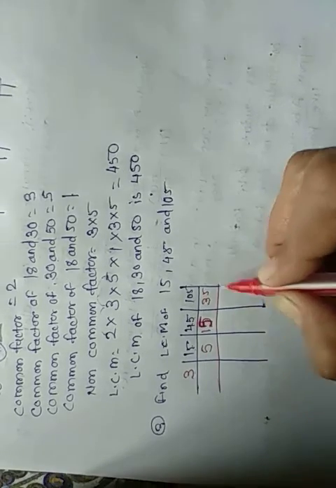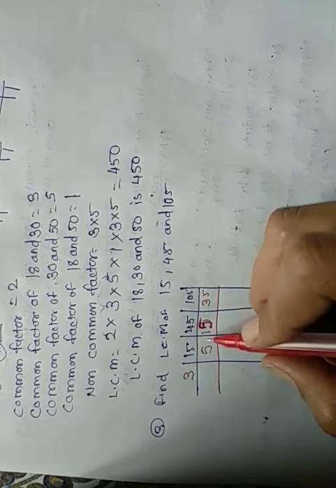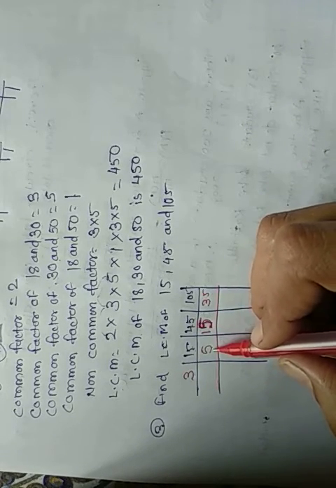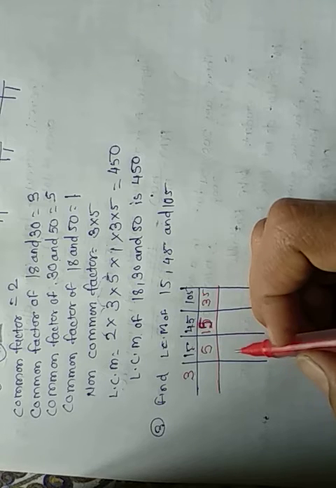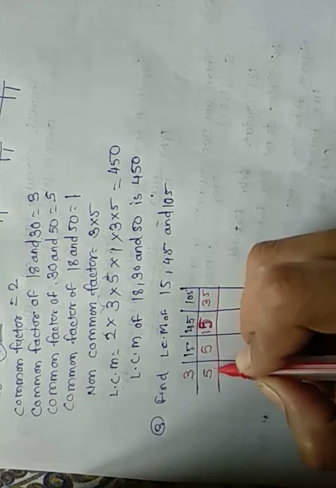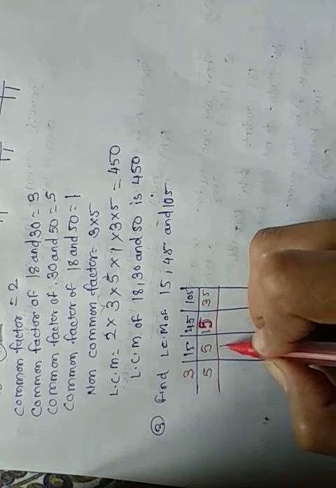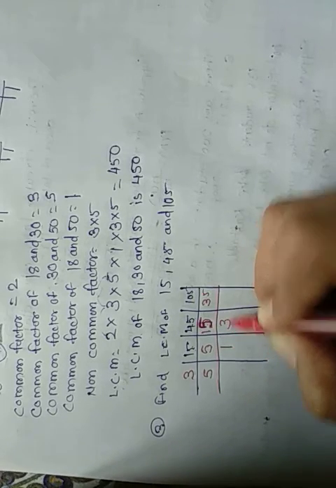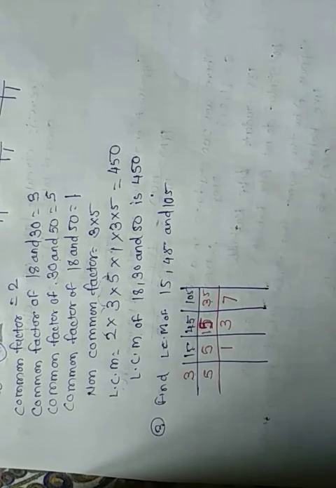Now use the divisibility test again to divide 5, 15 and 35. The common factor is 5. Again divide by 5. 5 ones are 5, 5 threes are 15 and 5 sevens are 35.